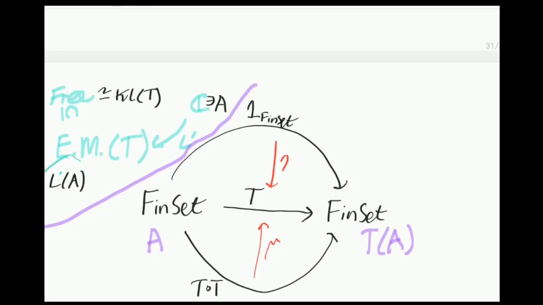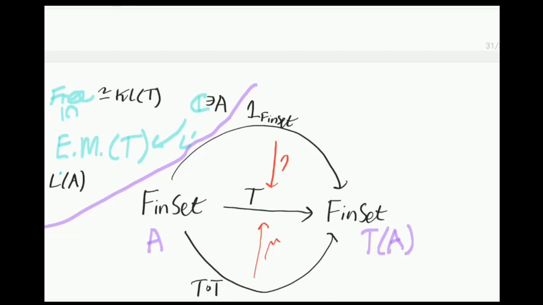And so if we have an object A in our original category C, then its image under this free functor L' can appropriately be called a free algebra generated by A. And this is going to be one of the objects of this Eilenberg-Moore category. So certain objects of the Eilenberg-Moore category can be regarded as free algebras, and we can consider the full subcategory of the Eilenberg-Moore category on these free algebras. Let's call that category Free.